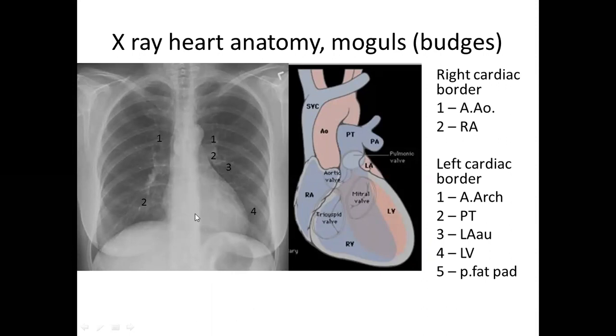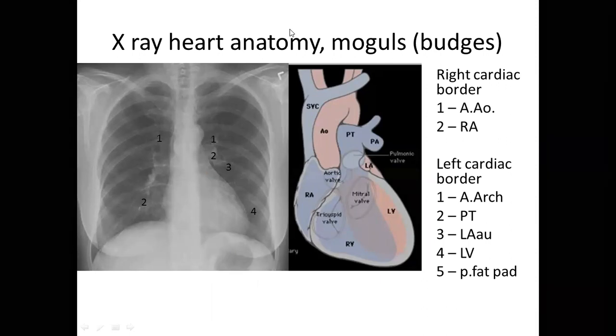So please check out. Here is the midline. Here is the left hemithorax and the left cardiac border. Here is the right cardiac border. So I think I should draw this maybe. Sometimes we are not able to see the first bulge of the heart on the left side.